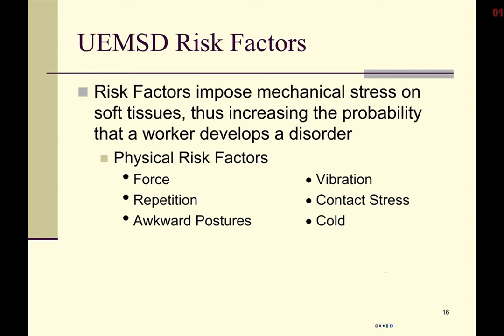The physical risk factors, those things that if workers are exposed to, will increase the probability of a worker developing a disorder. Those typically boil down to these 6, although sometimes you'll see some variations.